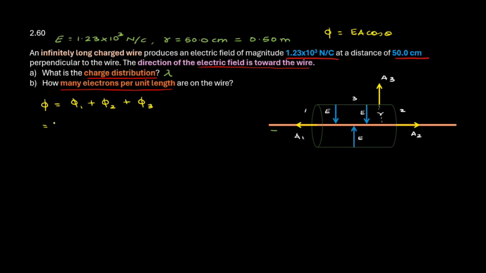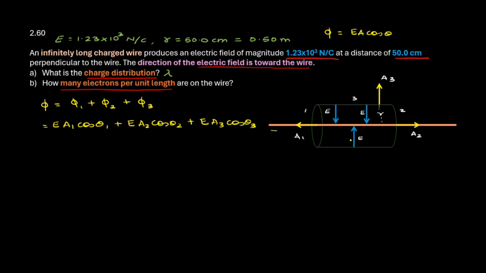For phi1, I write E A1 cosine theta 1. Similarly, for phi2, we write E A2 cosine theta 2, and phi3 is E A3 cosine theta 3, where theta is the angle between electric field and area vector.